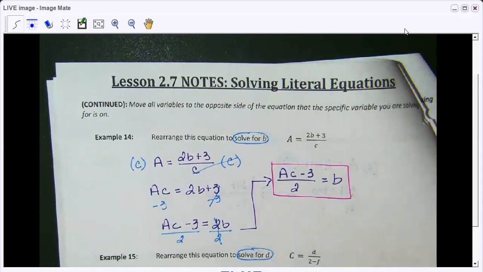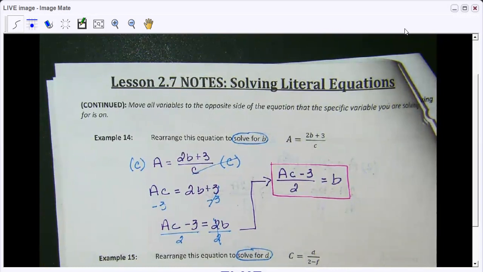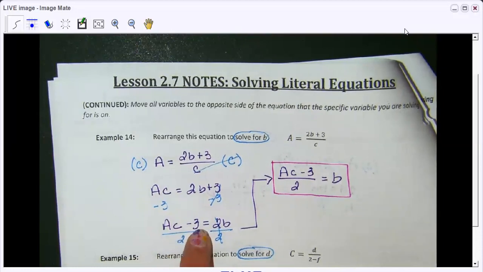Now, one of the things, so I multiplied by the denominator first. Then I subtracted second, and then I divided by 2. So do your addition and subtraction before you do your multiplication. Well, it would have to be AC over 2 minus 3 over 2, because both terms here, AC and 3, are being divided by 2.